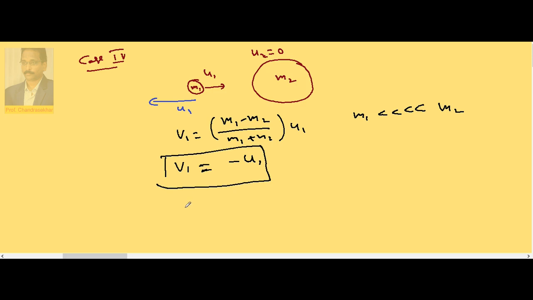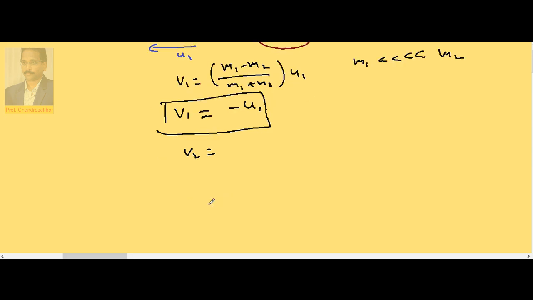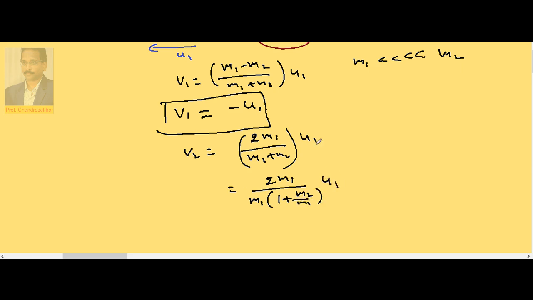That means the lighter one moves back with speed u1. Now what about the heavier body? v2: since the u2 term is 0, it is 2m1 by (m1 plus m2) into u1. Here m1 is very small compared to m2. So if I take m1 common, 1 plus m2 by m1 into u1, the m1 and m1 get cancelled, so remaining 2 by (1 plus m2 by m1) into u1.